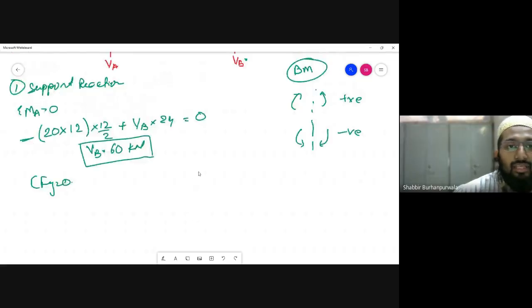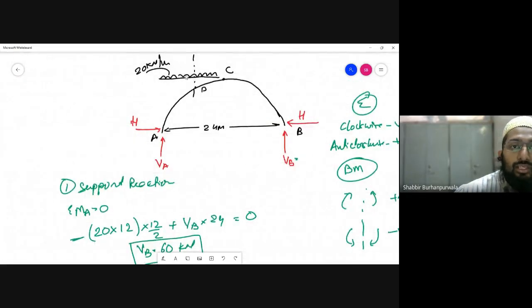Look at the direction of the UDL here: the UDL is acting in the downward direction. So if I consider how this force rotates the member about point A, it is going to rotate like this. If the rotation happens in this direction we call it clockwise, and clockwise I have considered as negative.